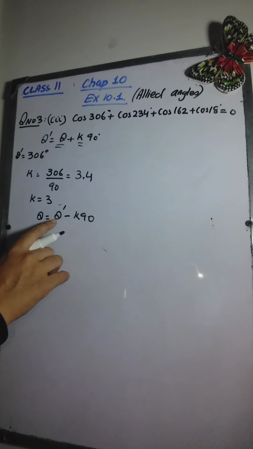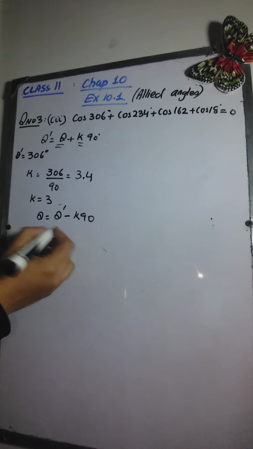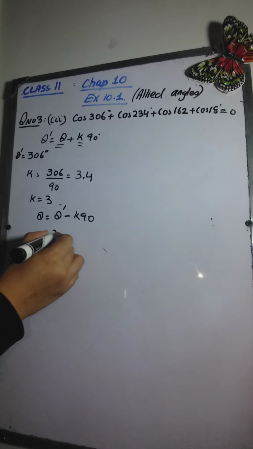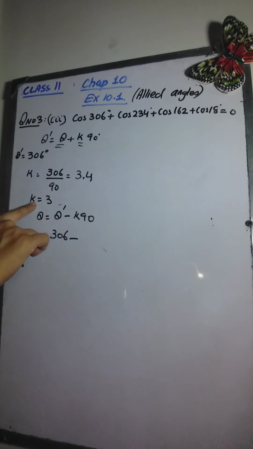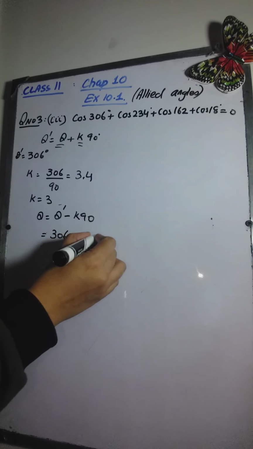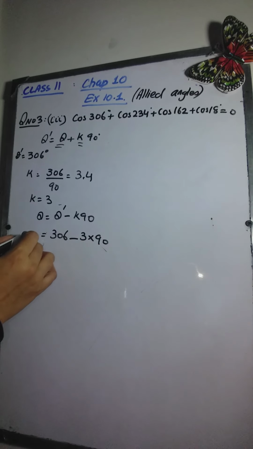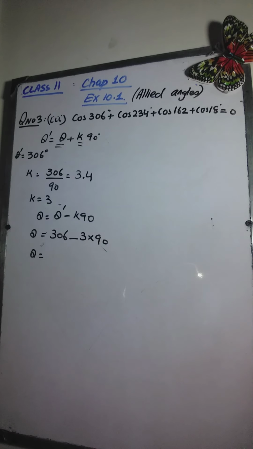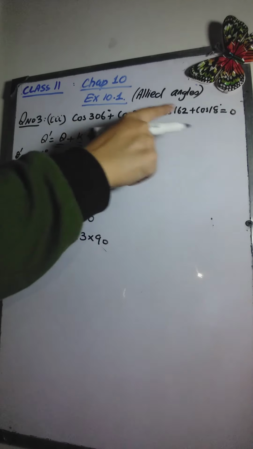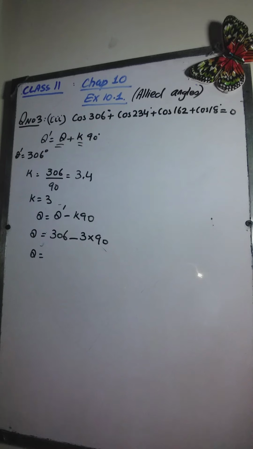Now theta dash is this angle, the angle which we want to split. Write its value, theta dash minus k times 90, where the approximate value of k is 3. Subtracting these two can give us the acute angle, the angle whose trigonometric ratios can help us find this expression, making this expression equal to 0.